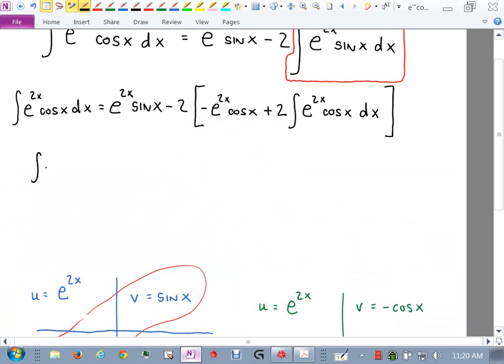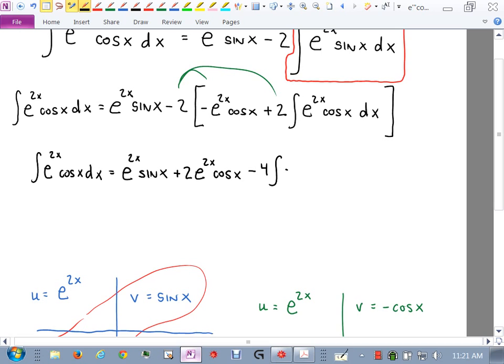Rewriting the entire thing. Integral e to the 2x cosine x dx equals e to the 2x sine x. Now I'm going to distribute the negative 2 through, and I get plus 2 e to the 2x cosine x. And then minus 4 integral e to the 2x cosine x dx.